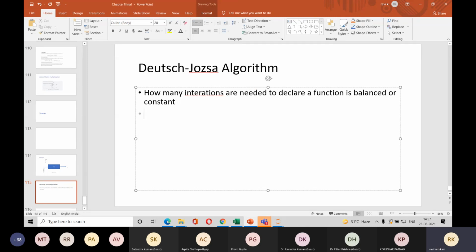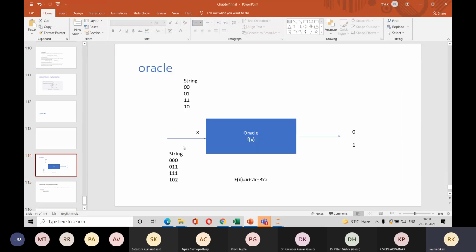Then we need to define what a balanced function is. A balanced function is one that will give almost equal numbers of outputs. What do I mean by equal number? Let us say for this function I have inputted 0 and 0, and the output I got is 0.